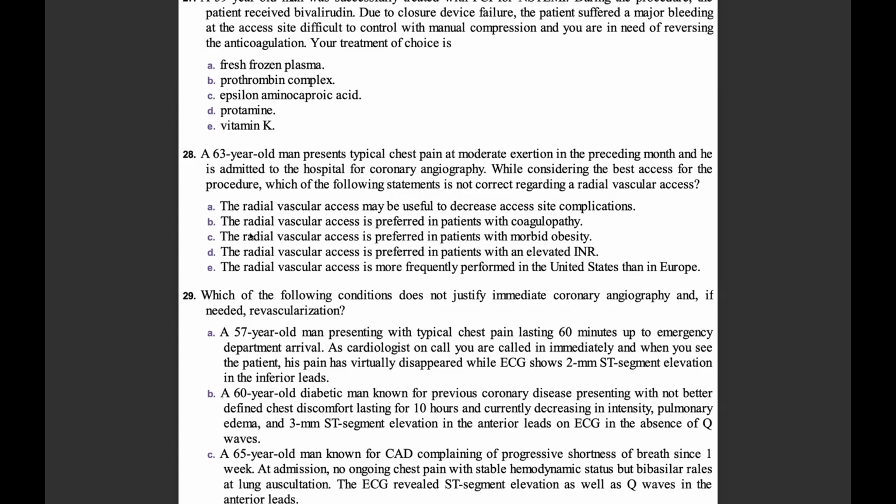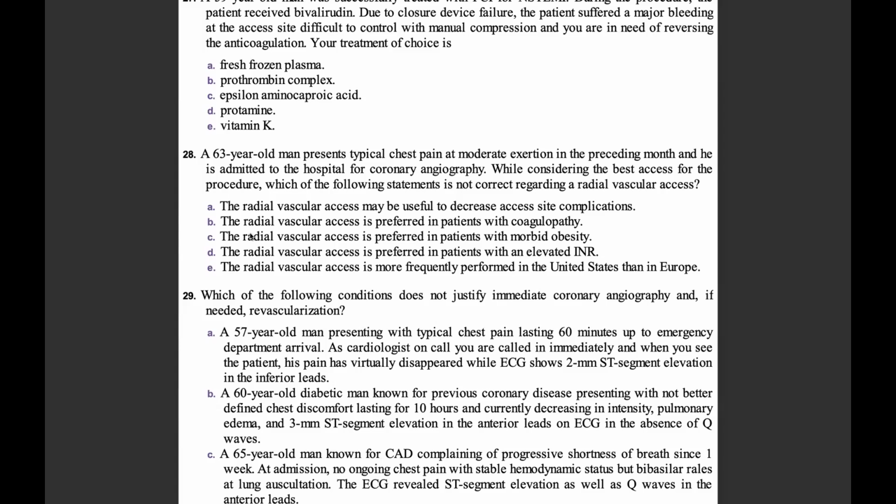However, in this book, the answer said femoral access is commonly used in the US, while in Europe they use more of radial access than femoral access. So option E is the wrong option here. Radial vascular access is more frequently performed in Europe than in the United States. So for question 28, the correct answer is E.